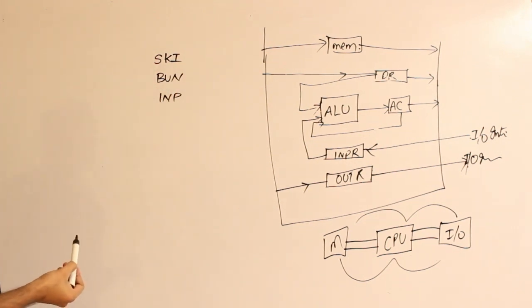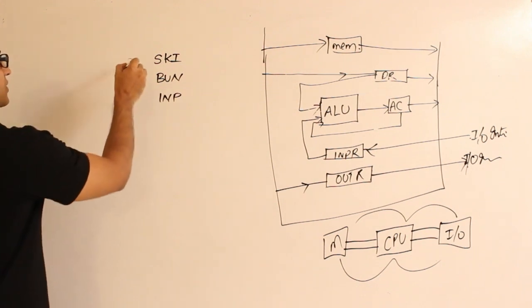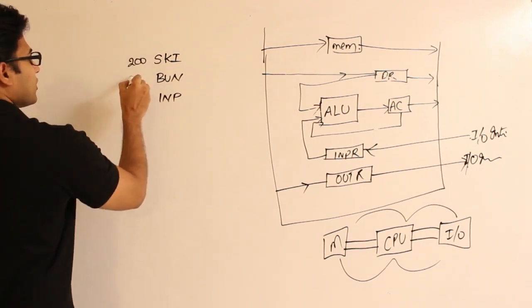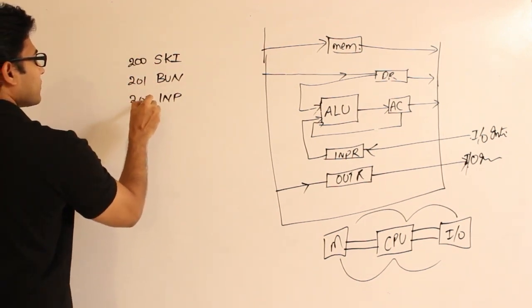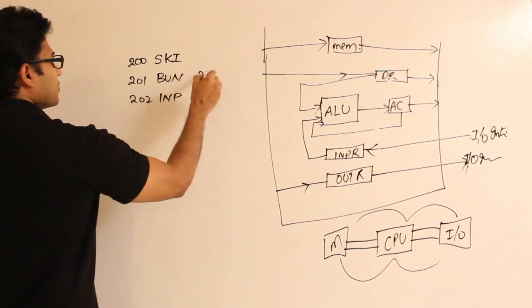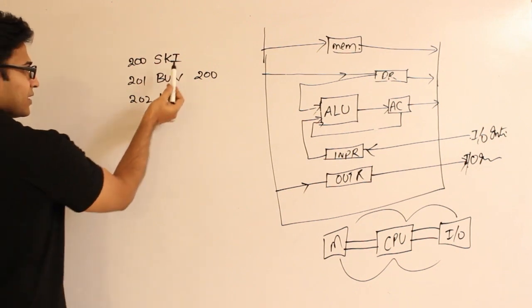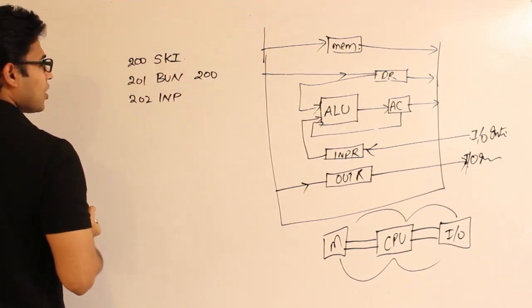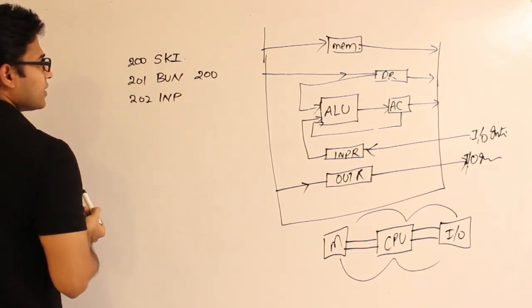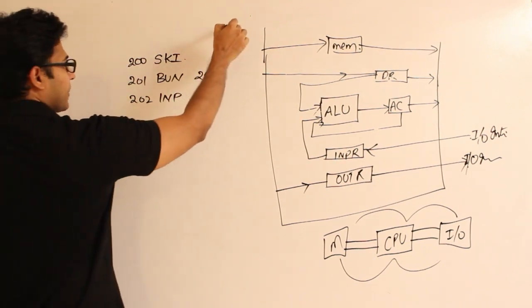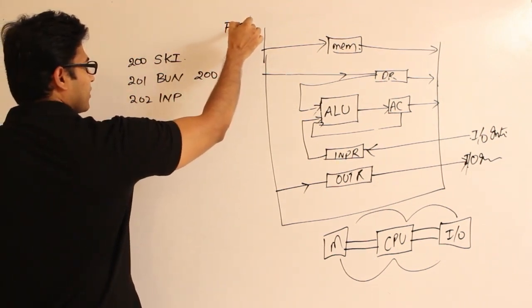These three instructions we are going to have. Let us say this is at instruction 200, 201 and 202, right? And here it is going to be 200. Got it? So as long as data is not available, so how do you know that data is available? If the input flag is 1. So we are going to have a flag.